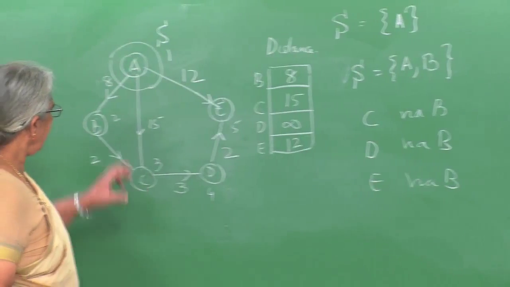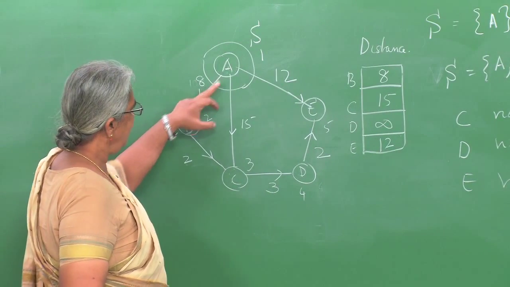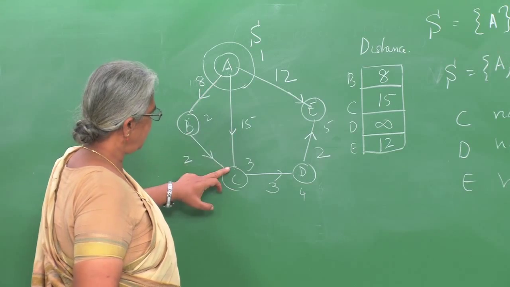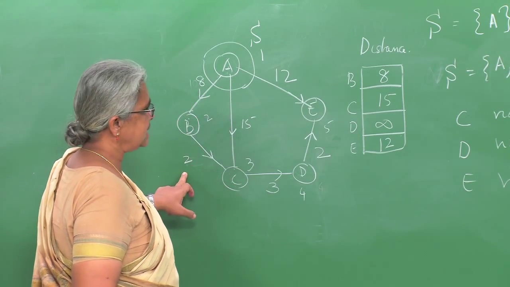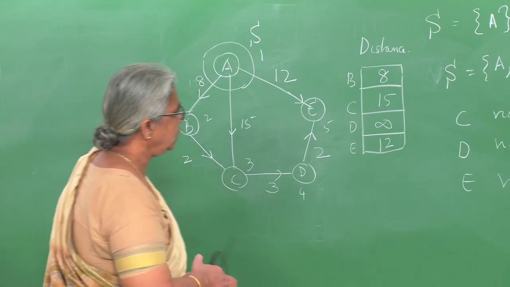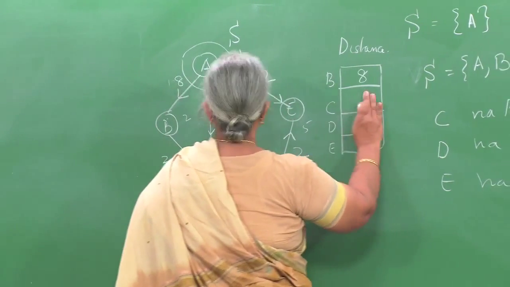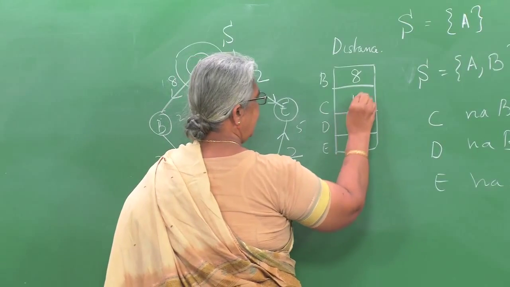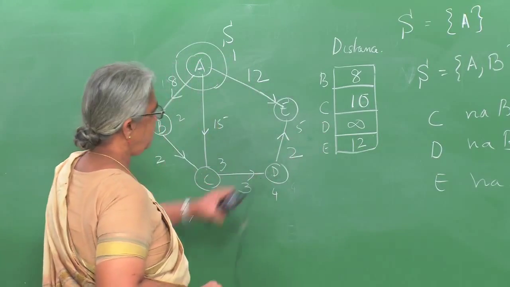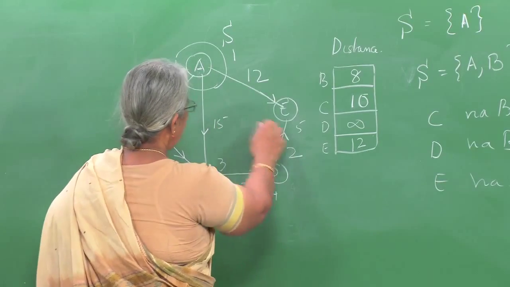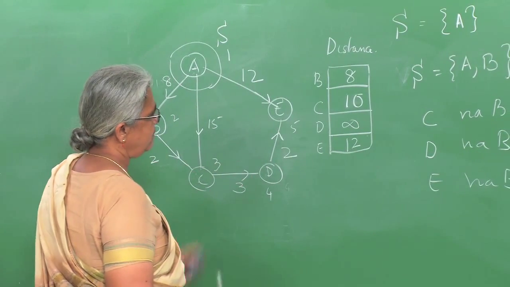If you look at it here, we have a direct connection from A to C which is cost 15, and 8 via B to C is 10. Therefore, this is shorter. So we update this path and call this 10 here. There is still no path via B to D, so we leave it as it is. There is no path via B to E, so we leave it as it is.